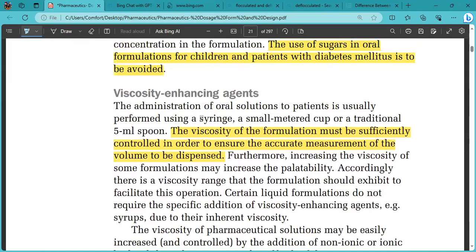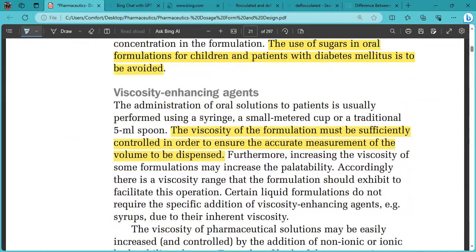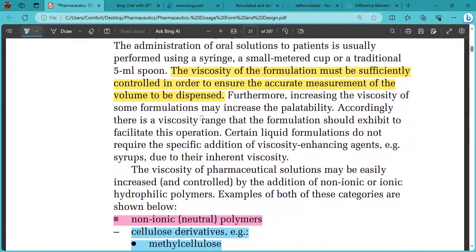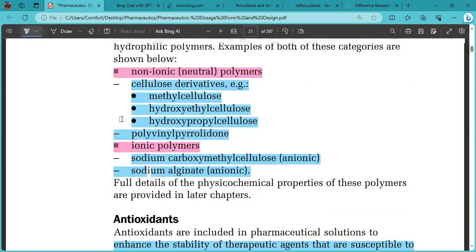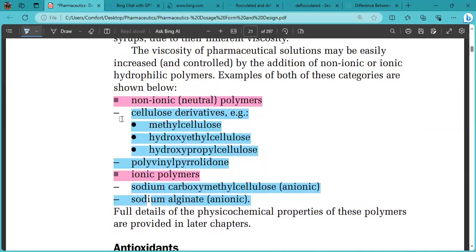And then now we have the viscosity enhancing agents. Like I said before, you have to ensure that the viscosity is controlled in order to make sure that there's accuracy in measurement of the dosage form for the volume to be dispensed. There are two types of viscosity modifiers, the ionic and non-ionic.